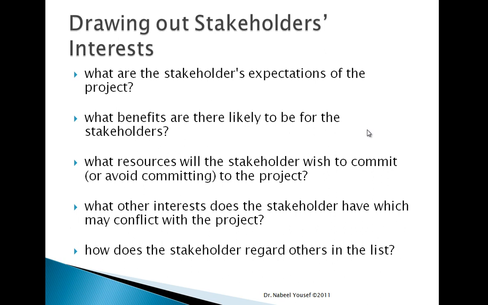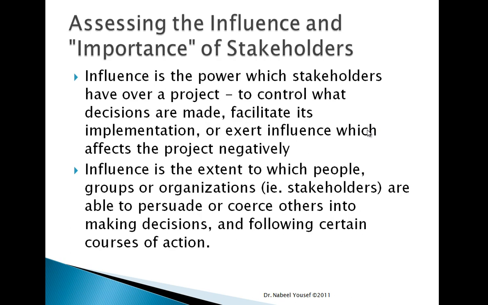Then we need to identify other interests that the stakeholder has which may conflict with the project, and how the stakeholder regards others in the list. One of the things that we need to look at also is the influence and importance of the stakeholders.